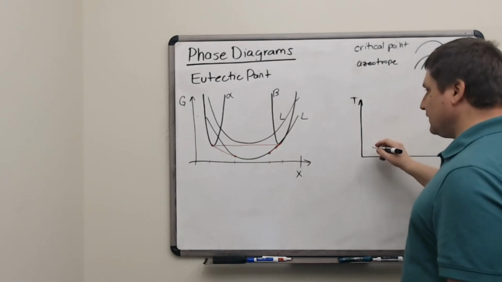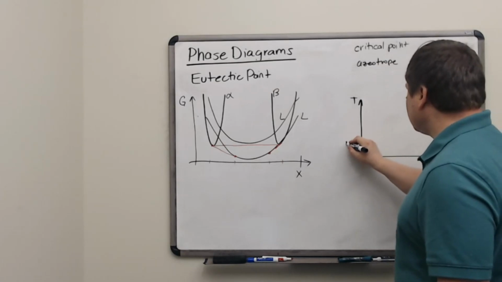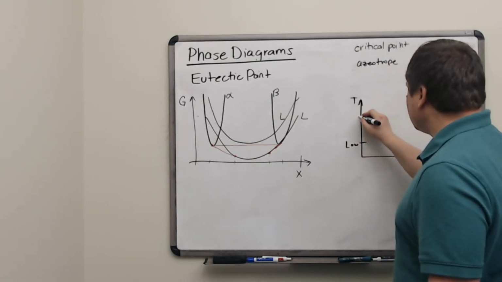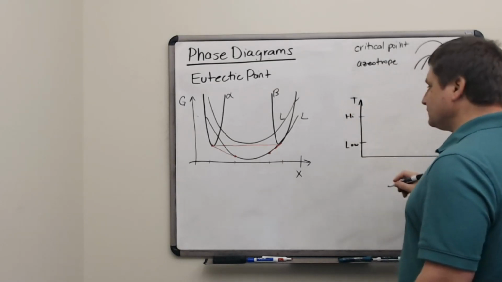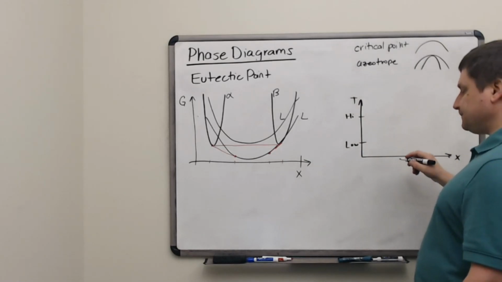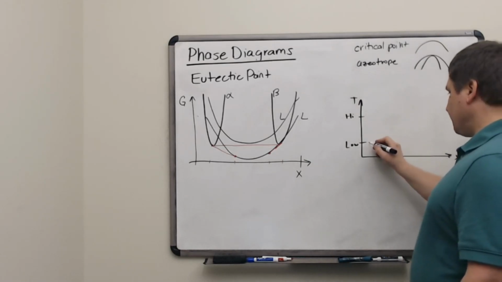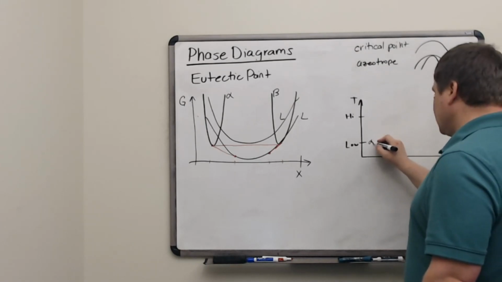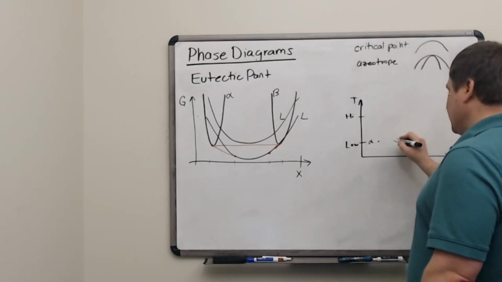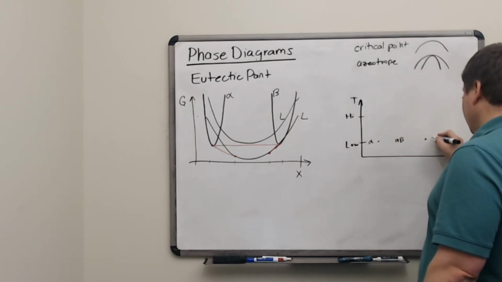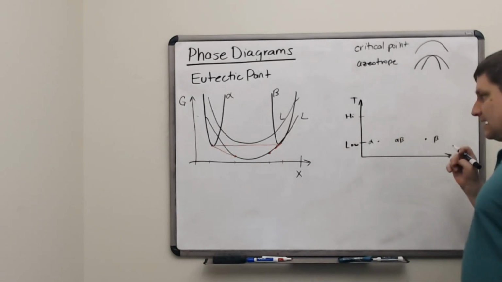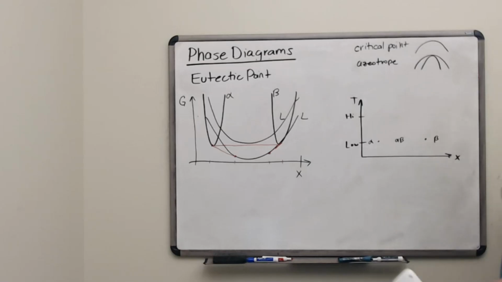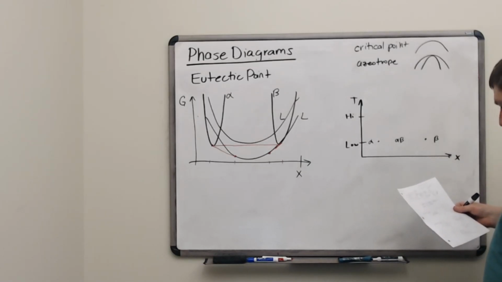Initially, at our low temperature, we would have a region of pure alpha, a region of alpha beta, an inhomogeneous mixture of two different crystals, and a region to the far right of all pure beta type crystals.